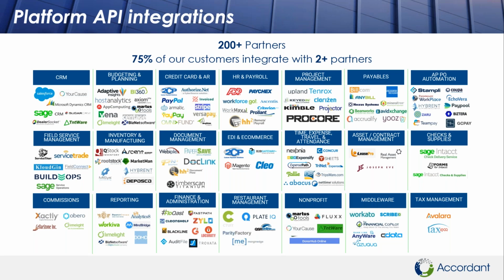Service Trade and BuildOps on field service management, leaders in our industry using APIs to connect real time with Sage Intacct. And then some of you are using products like GC Pay or Textura, both integrated with Sage Intacct. And obviously up the top middle, ADP, Paychex, Workforce Go.